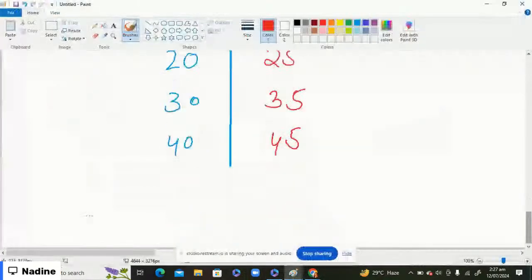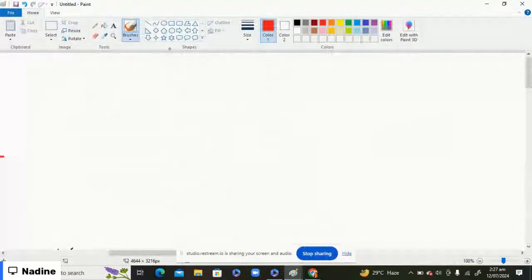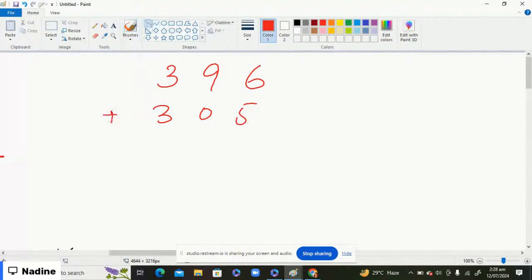396 and 305. Add up. Okay, you all solve it and then tell me the answer.